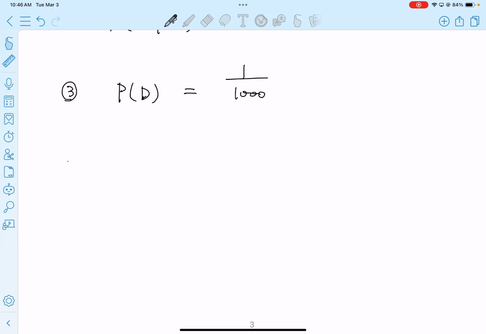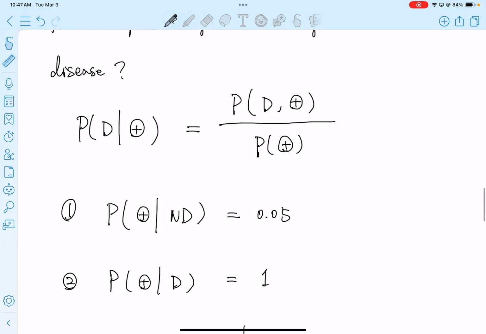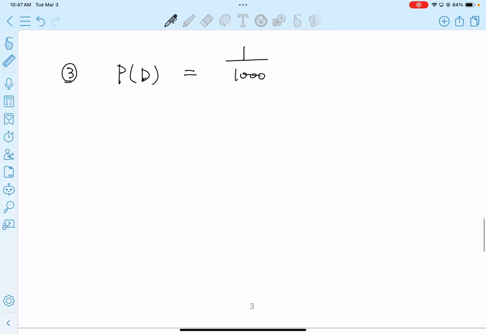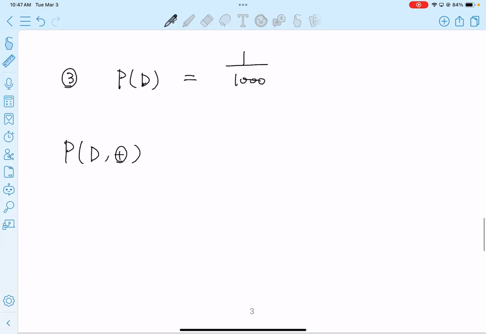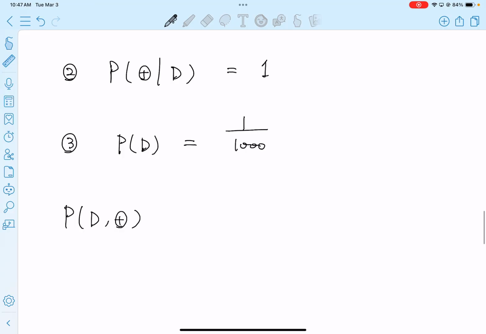So more specifically, let's take a look at the numerator. The numerator is the P of D and the plus sign. This is the numerator, which is the joint. Now let's apply the formula for the second time.